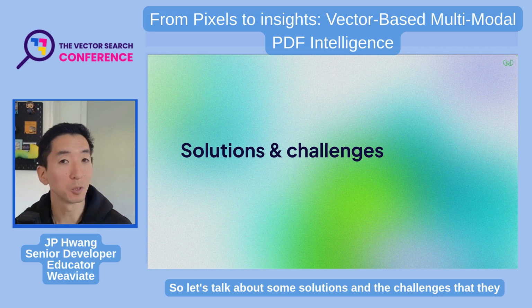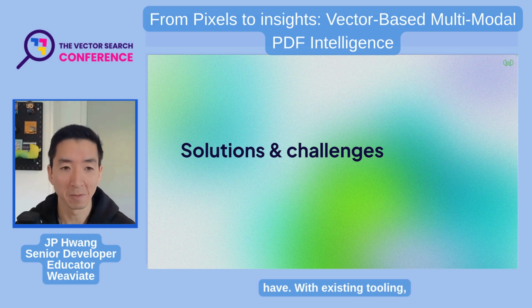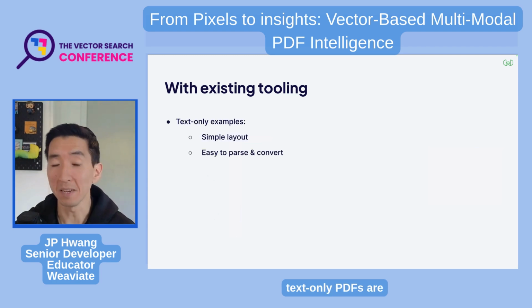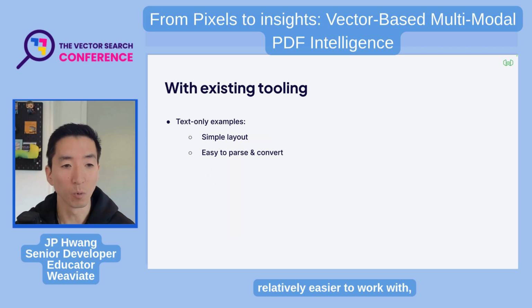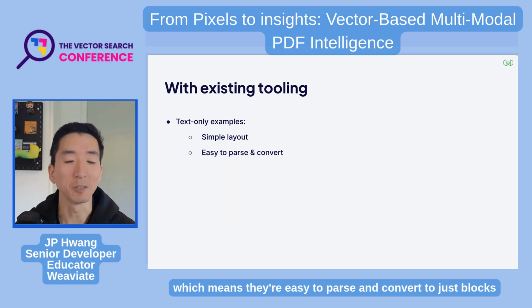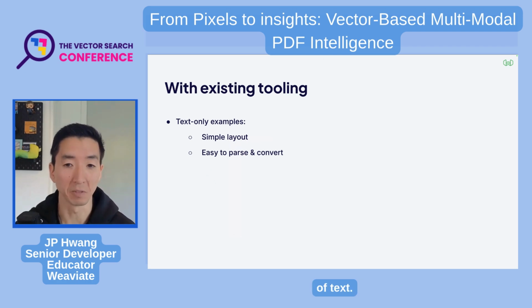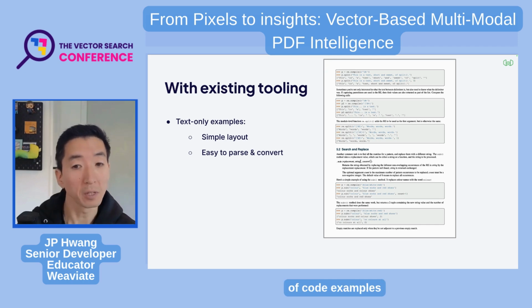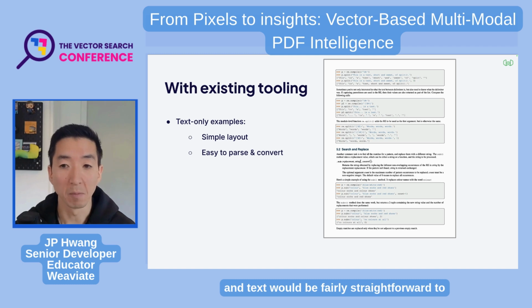So let's talk about some solutions and the challenges that they have. With existing tooling, text-only PDFs are relatively easy to work with, and that's because they have a fairly simple layout, which means they're easy to parse and convert to just blocks of text. So something like this with a mixture of code examples and text would be fairly straightforward to turn into a series of text items.